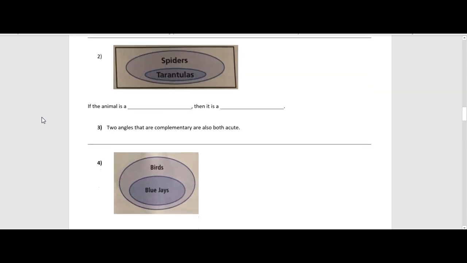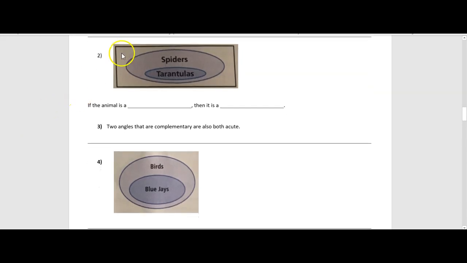Okay, so number 2, we have a Venn diagram, and the large circle is representative of spiders, and the smaller circle inside is tarantulas. And if you're unfamiliar with tarantulas, that's just a specific type of spider. So if the animal is a tarantula, then it is a spider.